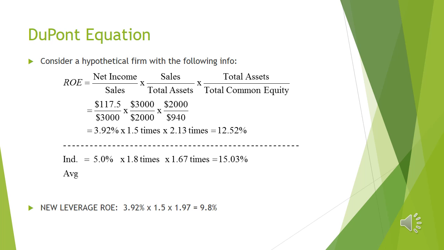You can also have the credit manager look at ways to speed up collections, which would reduce the accounts receivable and improve the total asset turnover ratio. These are just examples of what steps management could take after identifying where the problem is.